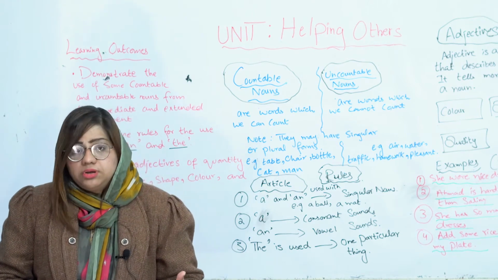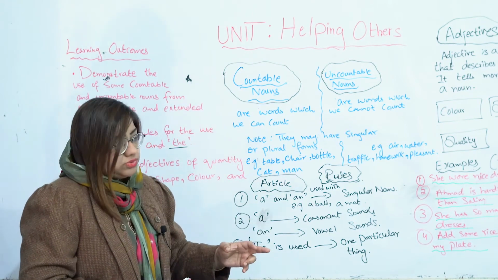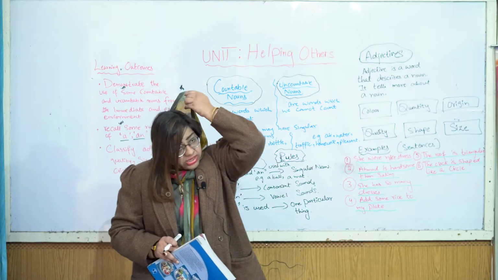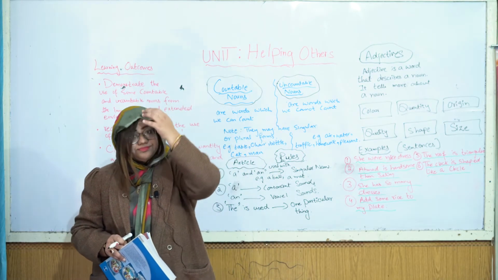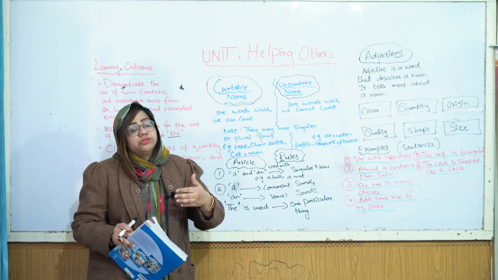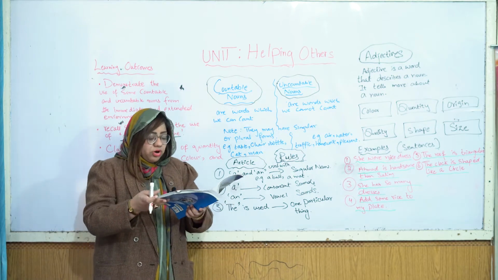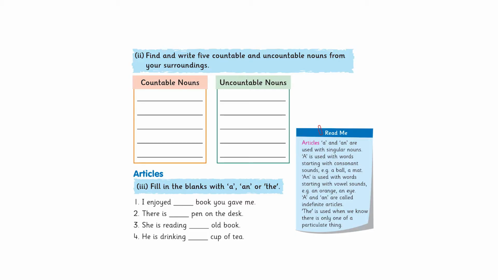An apple. Okay? So a is used with consonant sounds. Got it? Consonant sounds means those that do not begin with a vowel sound. You can see in your book, a and an are called indefinite articles. They can be used, for example, an orange, an eye.